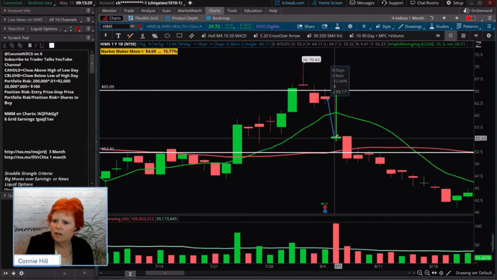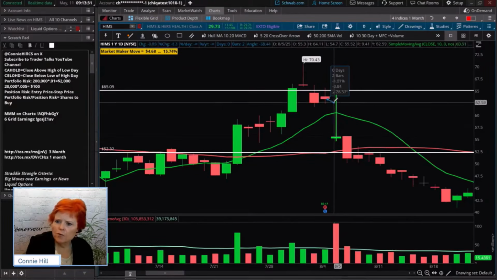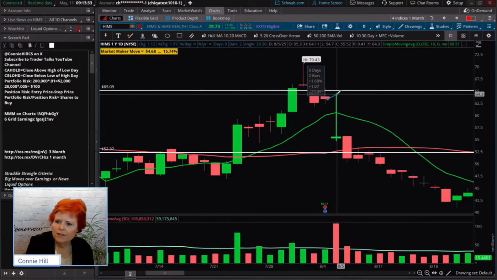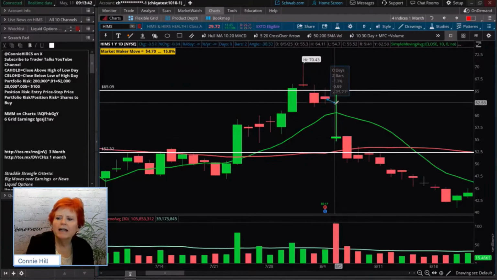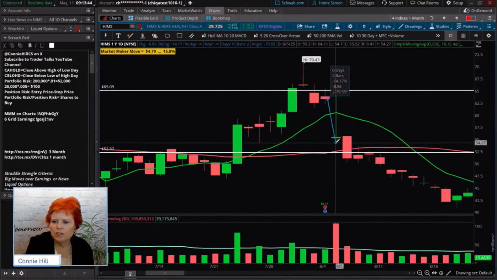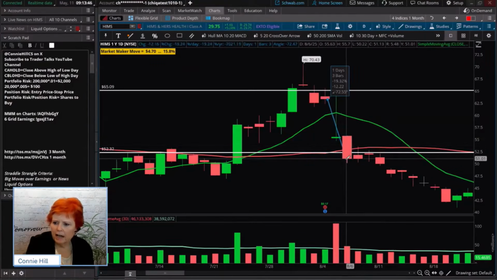Now you can see it was really volatile that day. It actually went positive, even though it started out gapping down over 12%. It ran up at one point in the day, and then it fell back down. That momentum just didn't hold. And by the time the next day was over, these guys were down about 19%.